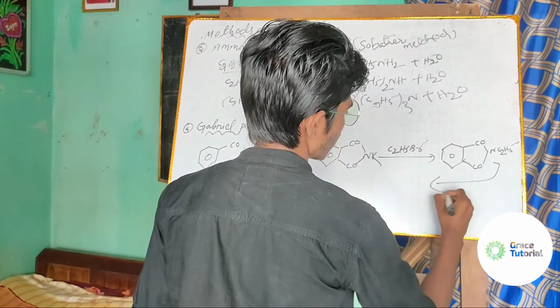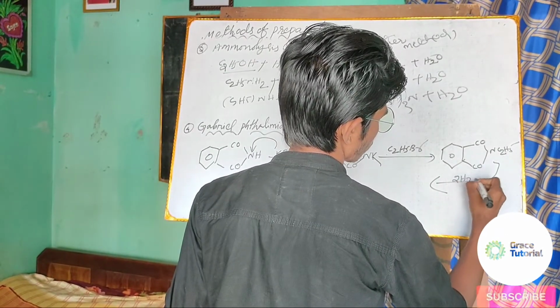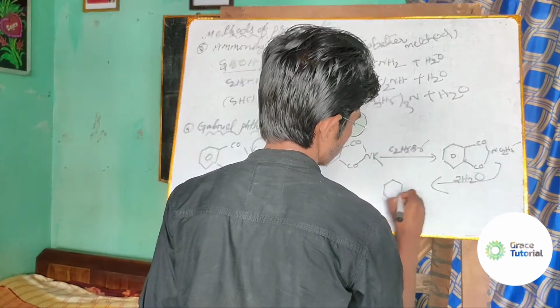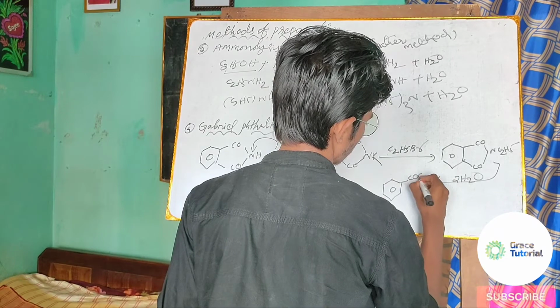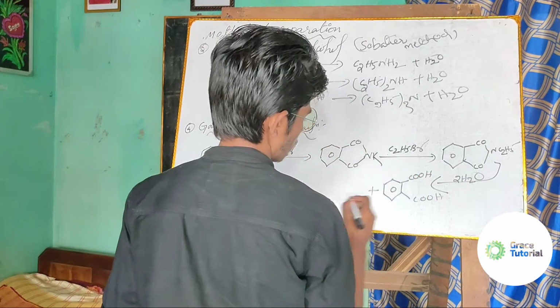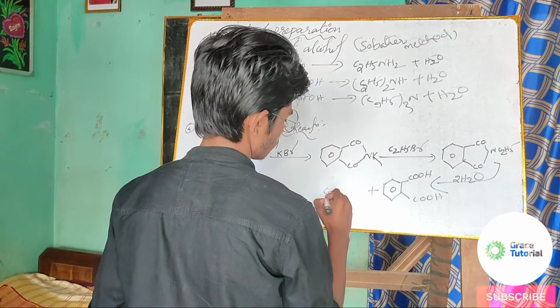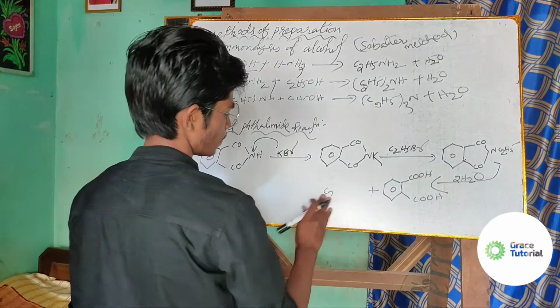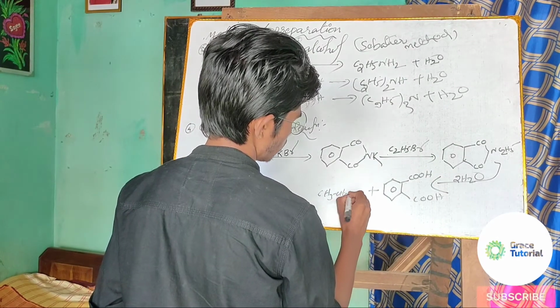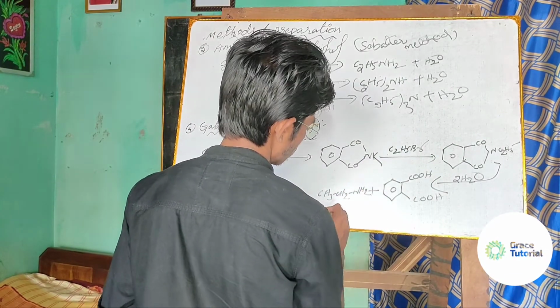If it again reacts with water, then what happens? But the main product we want is CH3CH2NH2. This is ethylamine.